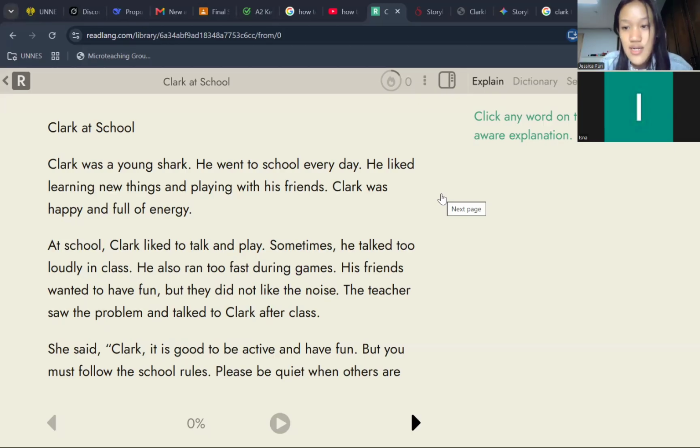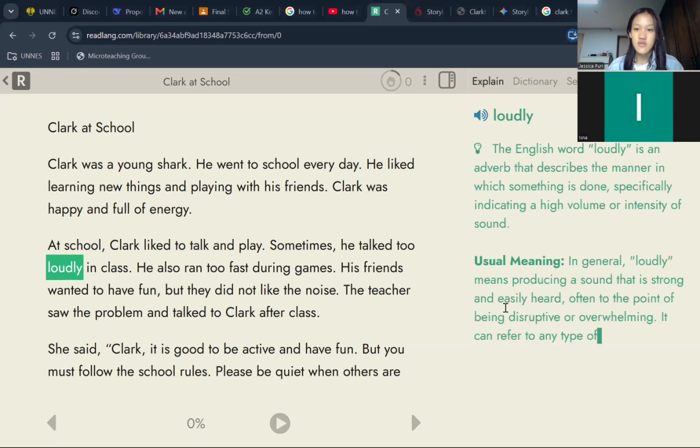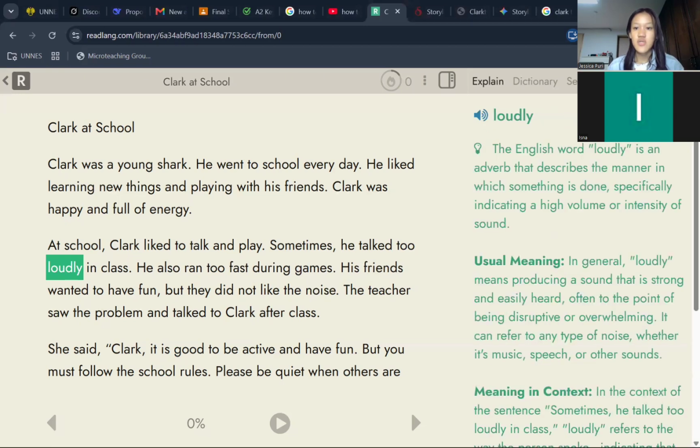So you can click on the red line like loud. You say loud, right? Where is loud? This is loudly. You can click and then the section on the right will be the explanation about the words. What is loudly?